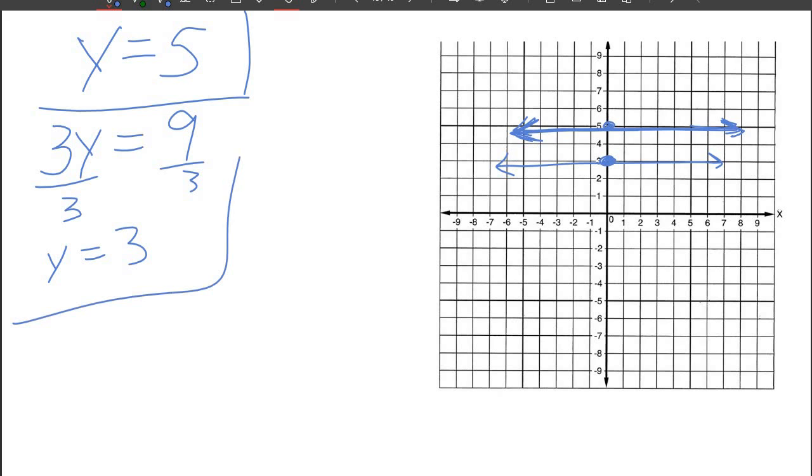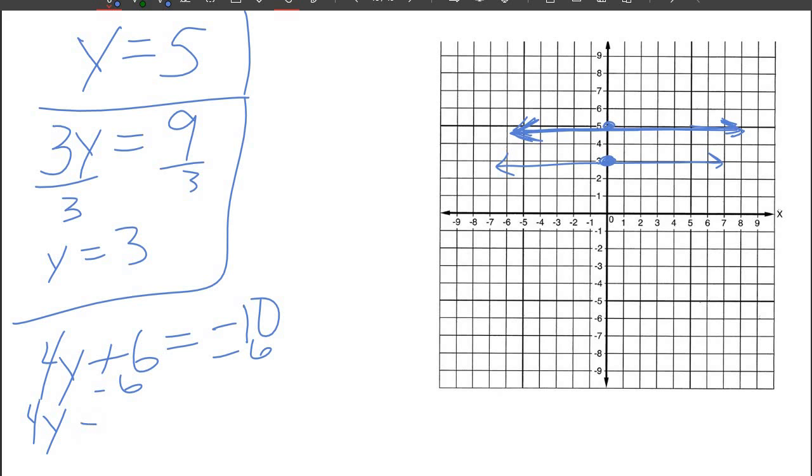Suppose I had this: 4y plus 6 equals negative 10. We have to solve for y when we're graphing these equations. First thing you have to do is subtract 6 from both sides.